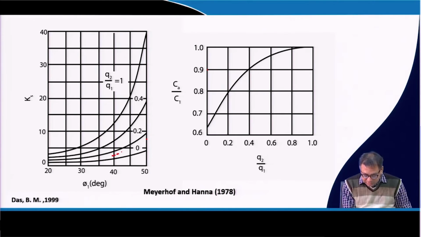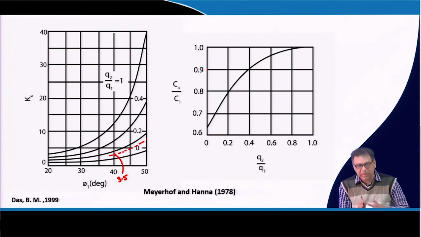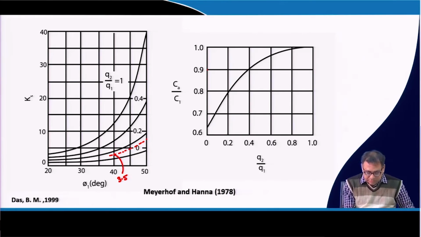So, if I draw a line parallel to the chart, the value goes up, with this being 5 and this being 10. Because it is 0.16, it will go slightly up, so this value is roughly 3.5.